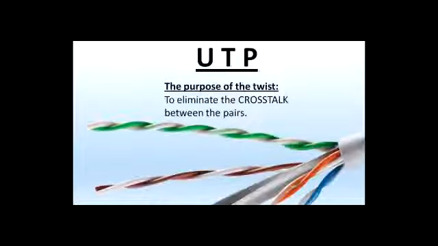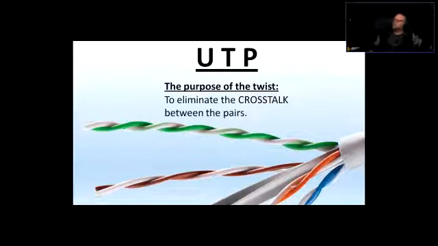Keep going. Now, as opposed to unshielded twisted pair, UTP, an acronym that you're going to hear a lot when it comes to telecommunications or data wiring, you're also going to see something called STP, which stands for shielded twisted pair.